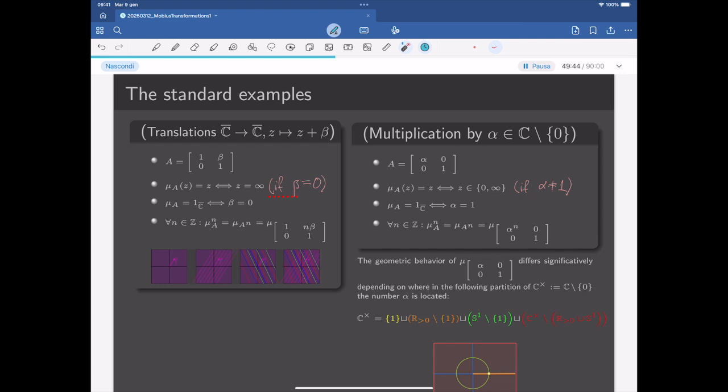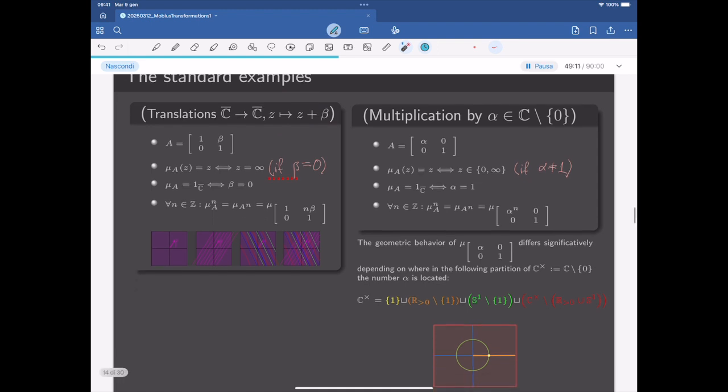Now I'm going to divide the analysis of multiplication by alpha in cases, and this I didn't do in studying translations. What we are going to see is that every Möbius transformation with exactly one fixed point is conjugate as a Möbius transformation to a translation, and all translations are conjugate to each other.